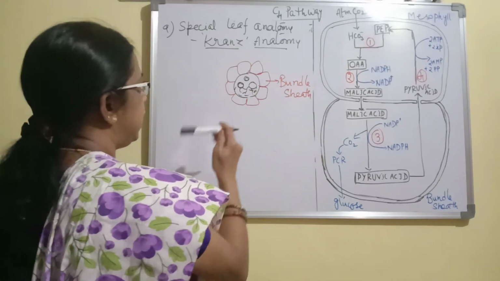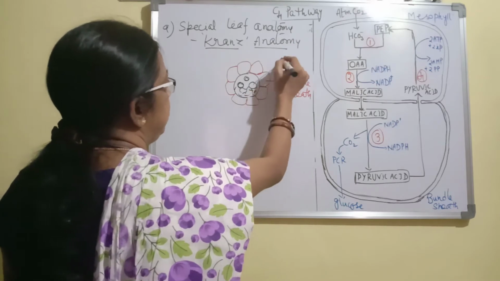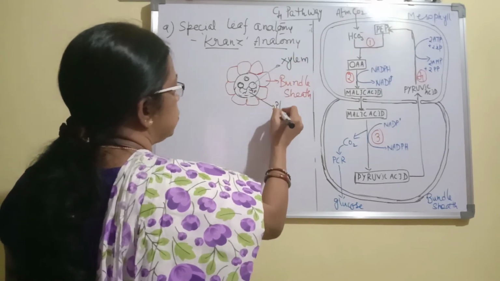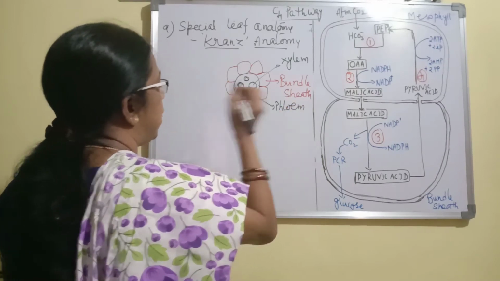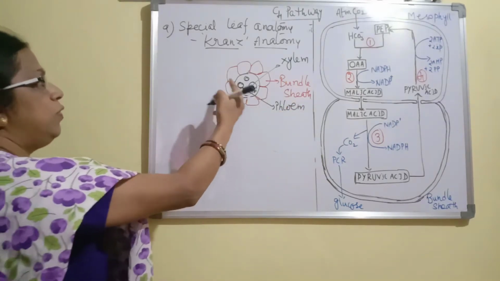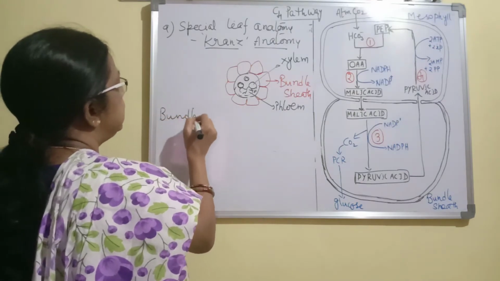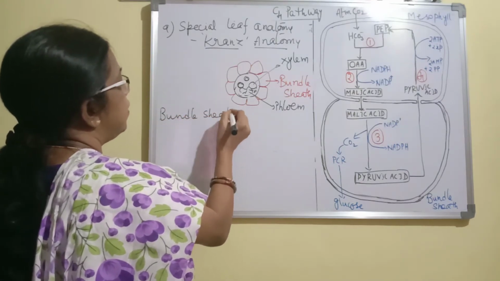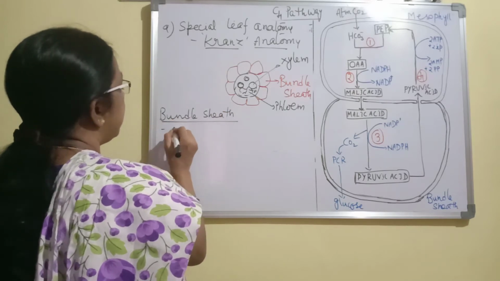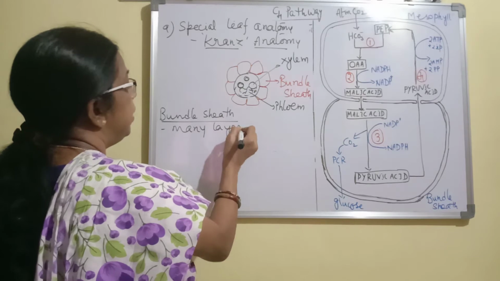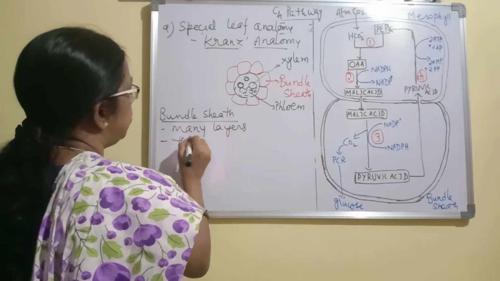Surrounding the vascular bundle we find several layers of these bundle sheath cells. There are some features of bundle sheath cells. First, many layers are present, more than one layer. These are thick-walled cells.